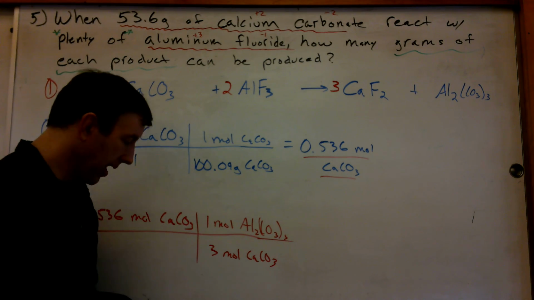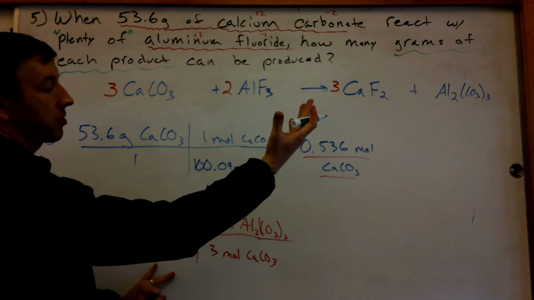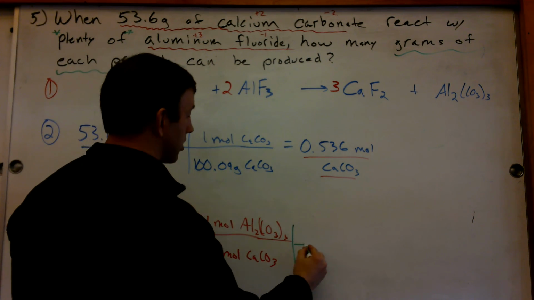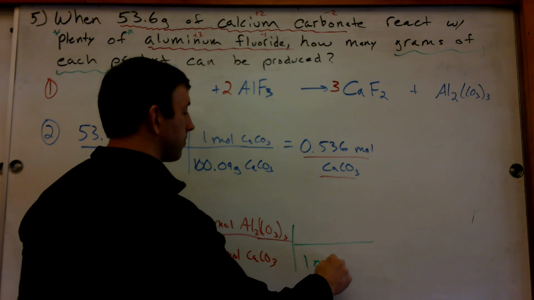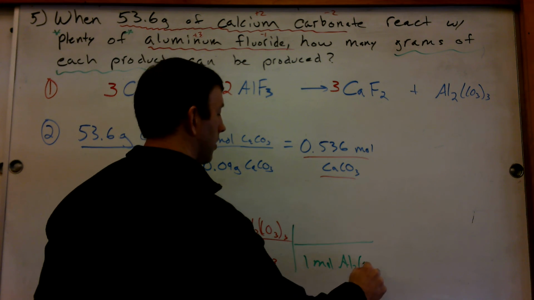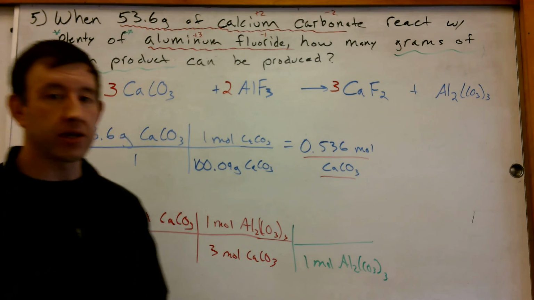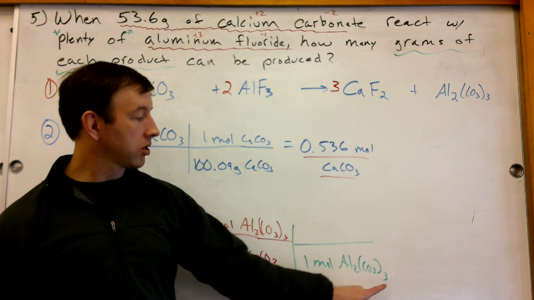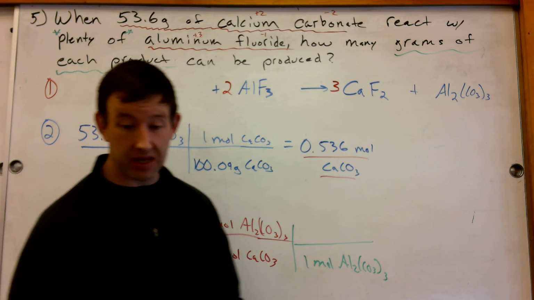All right. And again, just like last time, we don't want to know how many moles of aluminum carbonate we have. We want to know how many grams that is. So we just tack on that step. And 1 mole of aluminum carbonate, I need to figure out its molar mass. Now, I've got 2 aluminums, 3 carbons, 9 oxygens. So this number is actually going to end up being kind of big.